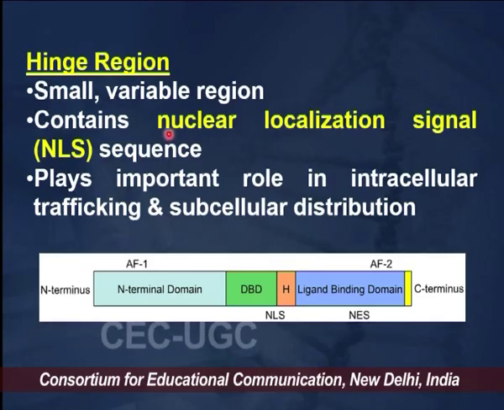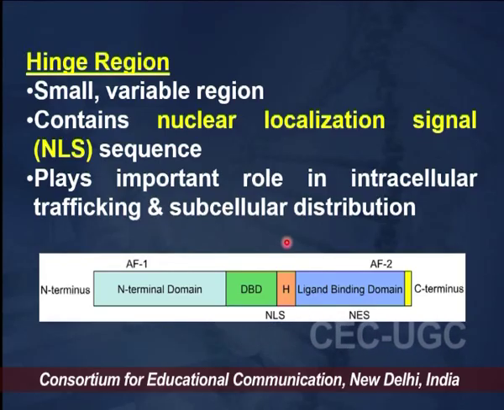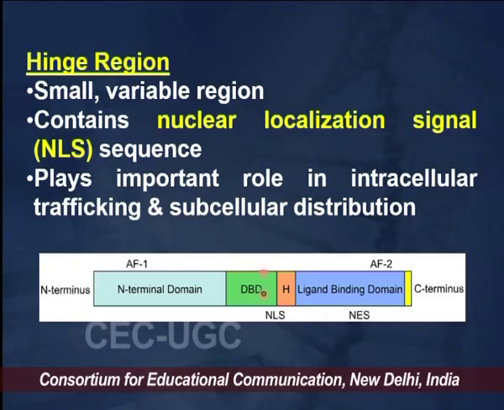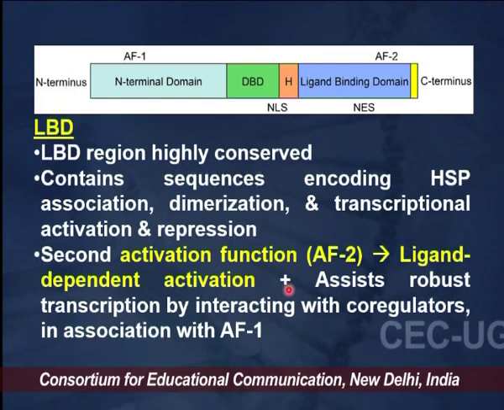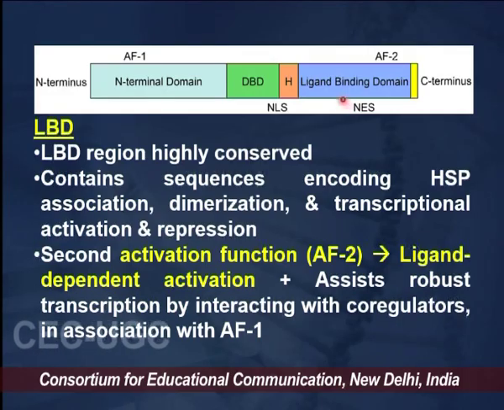If you recall some of the cell and molecular biology lectures you must have studied, you are aware that NLS is responsible for intracellular trafficking and subcellular distribution of proteins. Likewise, here also this NLS is present in the hinge region performing the same function. And then comes the ligand binding domain. Please note that this ligand binding domain lies towards the C terminal, and this LBD region is highly conserved.